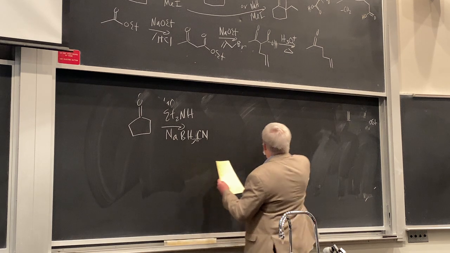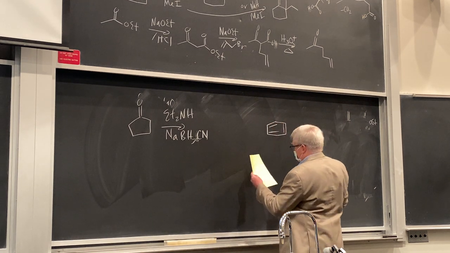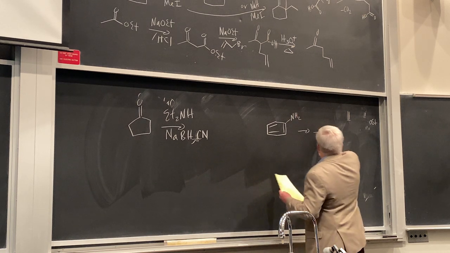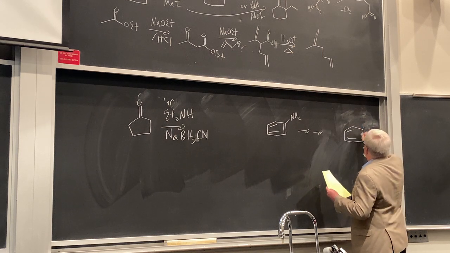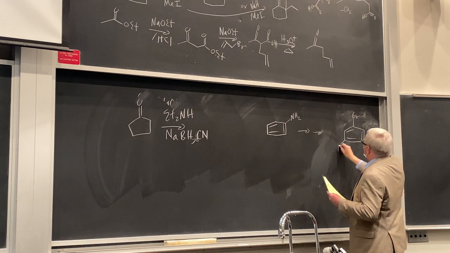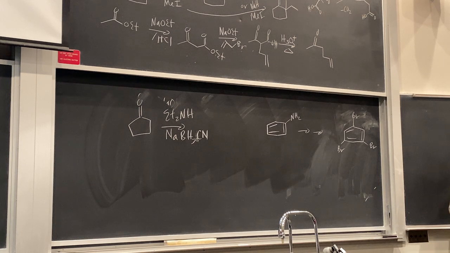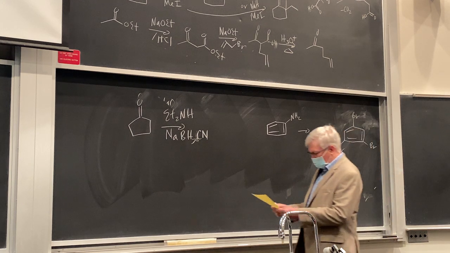And how about this one here? How do we convert this into this? And this kind of picks up where we left off last time in class. How do we get the tribromobenzene where they're all meta to each other? Okay, work on that one there.